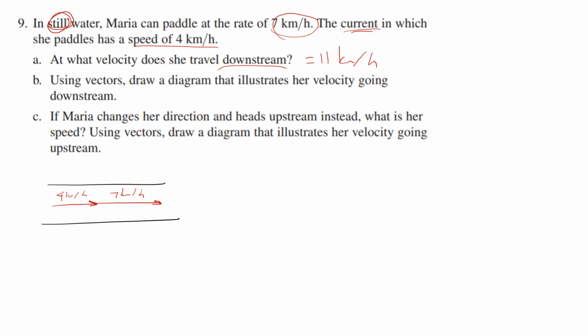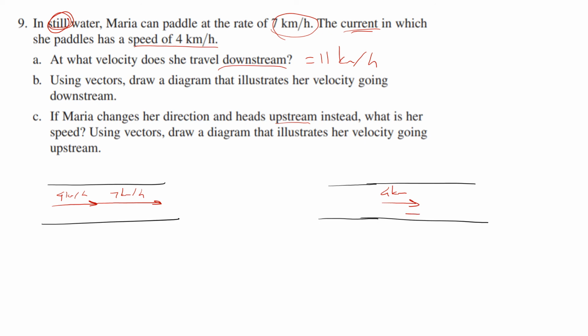If Maria changes her direction and heads upstream instead, what is her speed? Using vectors, draw a diagram that illustrates her velocity going upstream. So if this is my river, my current is not going to change. My current is still there. It's 4 kilometers, whatever. However, now she goes upstream. Let me extend this. Now she goes upstream.